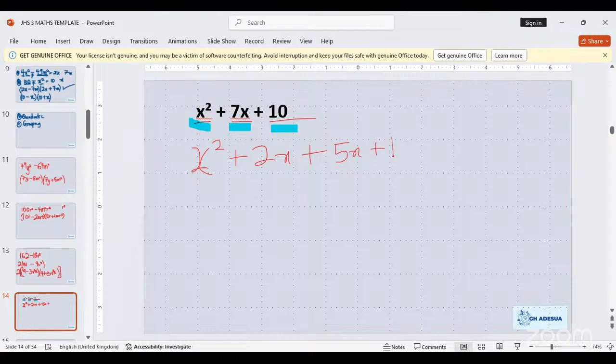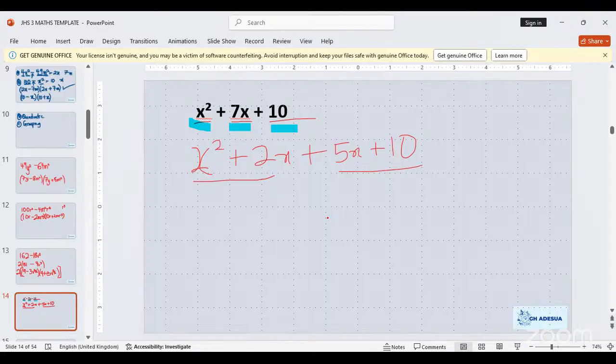We've succeeded in using the 2 and the 5 to replace the 7. At this point, you are going to deal with them in pairs. You are going to deal with x squared plus 2x, and you are going to deal with 5x plus 10.